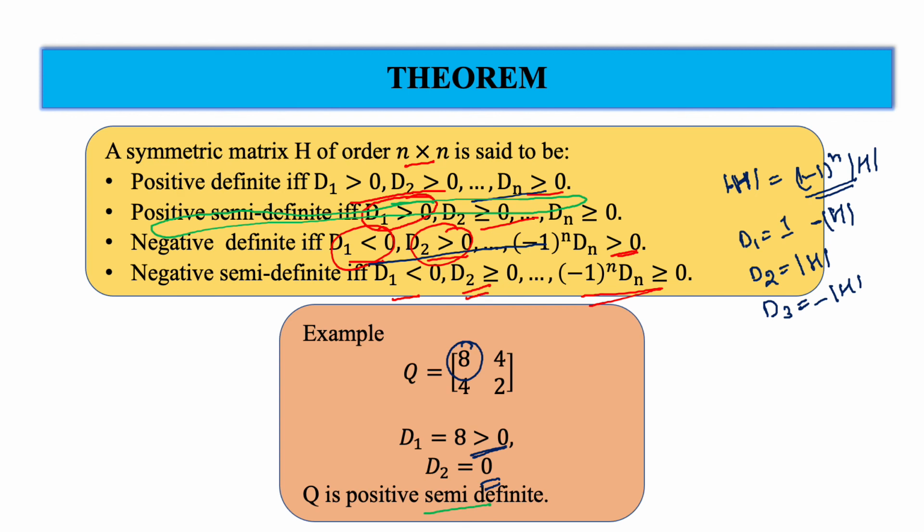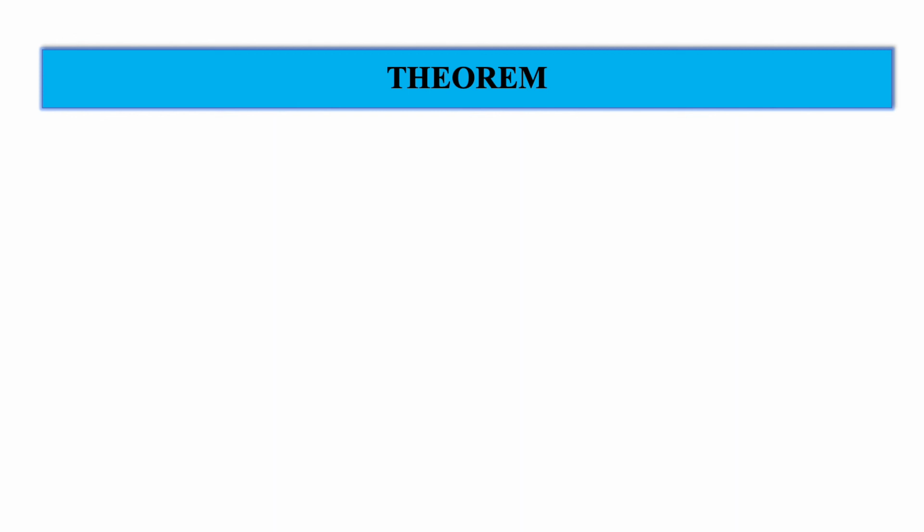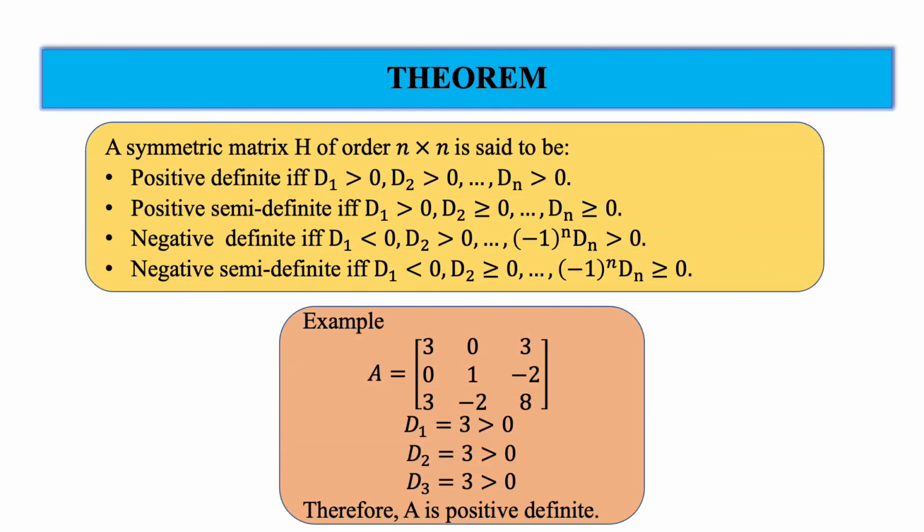Now we take another example. Suppose we have a matrix A, which is 3 0 3, 0 1 minus 2, 3 minus 2 8. Take D1. D1 is the leading principal minor of order 1 by 1, which is 3, strictly greater than 0.